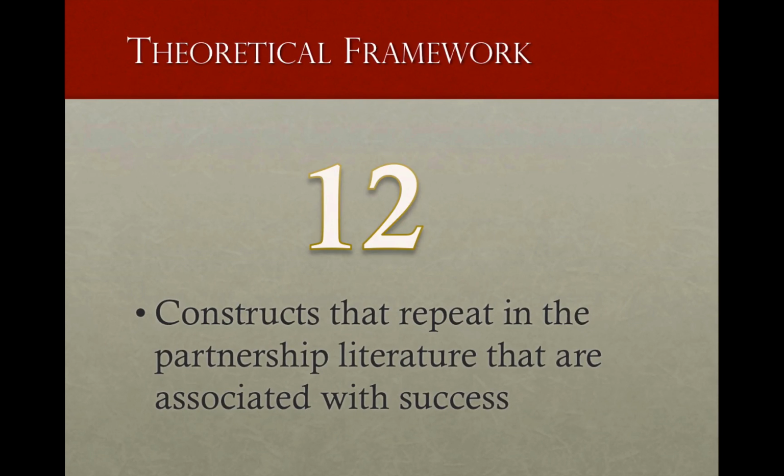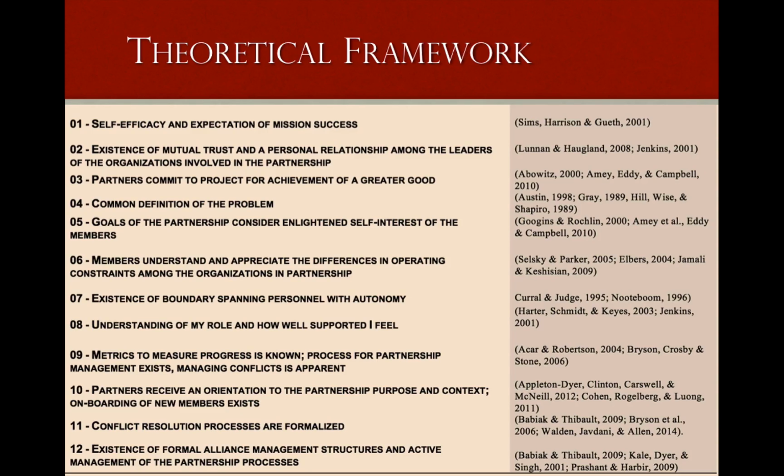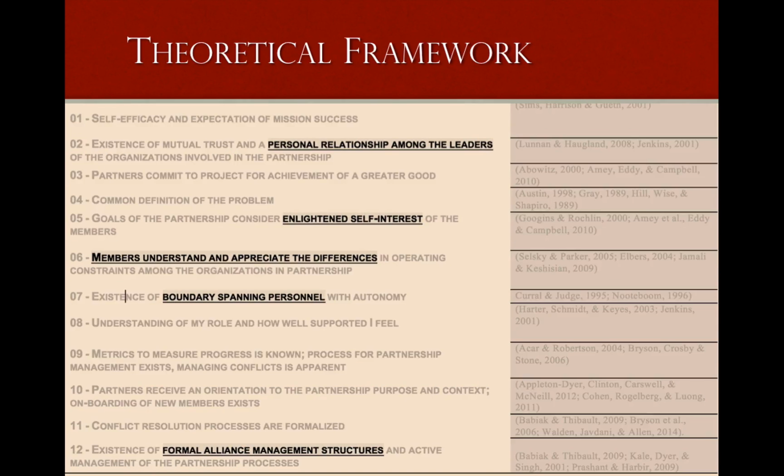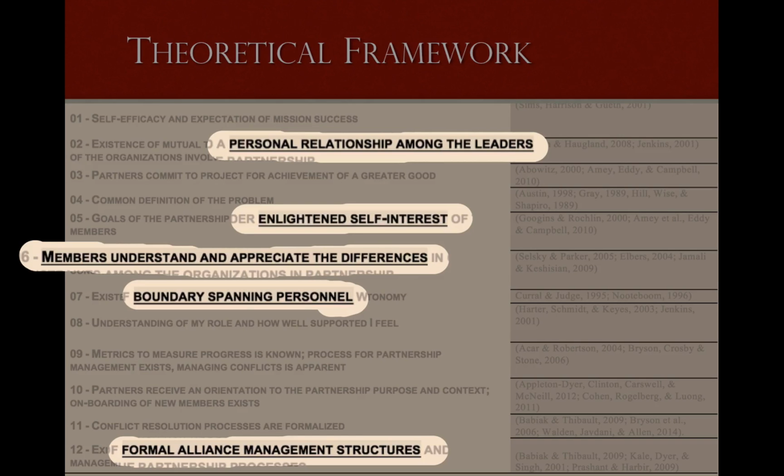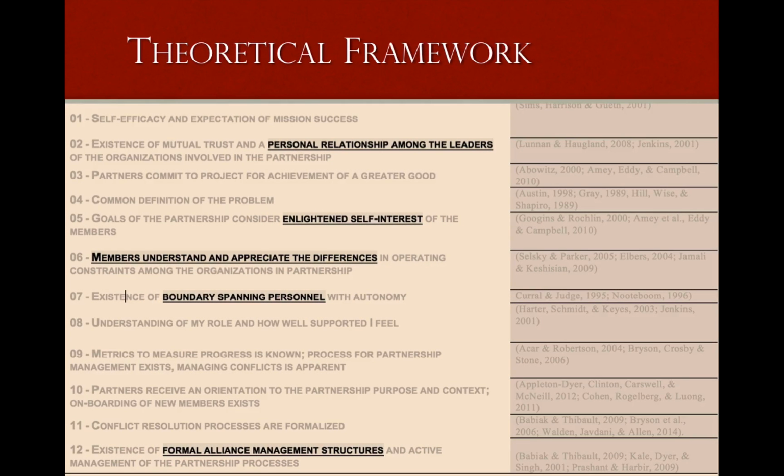When I reviewed the body of prior research in partnerships, I was specifically looking for constructs, and I found that there were 12 that seemed to be recurring that were associated with partnership success. Now here are those constructs, and within them, what was of most interest to me was a series of themes that cut across these constructs that actually informed the nature of the way I needed to collect my data, organize it, so that I would be able to later analyze it for a variety of different types of themes.